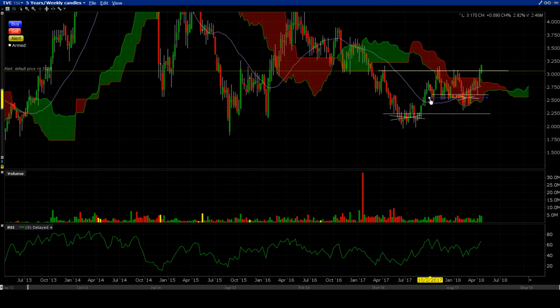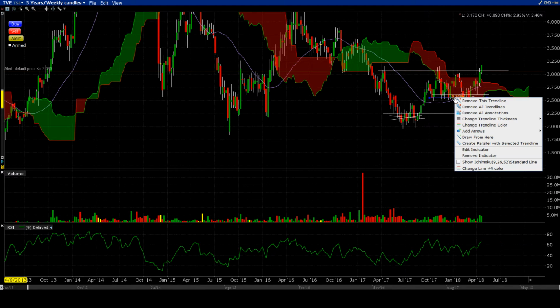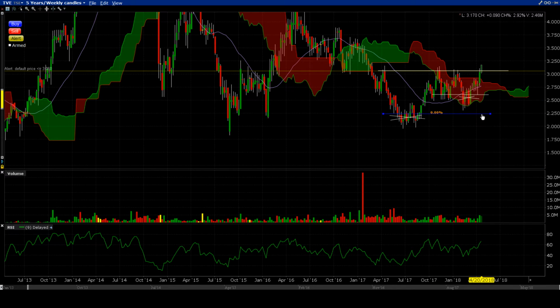So right now, on the weekly, this is the real support. And then the price action went down. You say, oh, I have a breakdown, measured move goes down, but price action refuses to go down. You might be wondering why it's not going down.